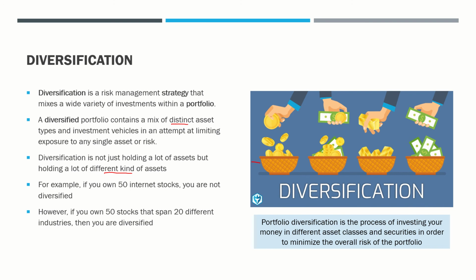Bukan macam tu. Kita hold aset daripada industri teknologi, daripada education, daripada agriculture, itu dipanggil diversification. Okey, contohnya, if you own 50 internet stocks, you are not diversified. However, if you own 50 stocks that span 20 different industries, then you are diversified.